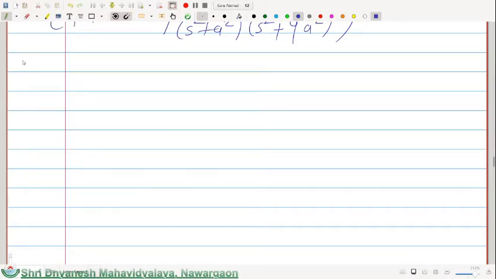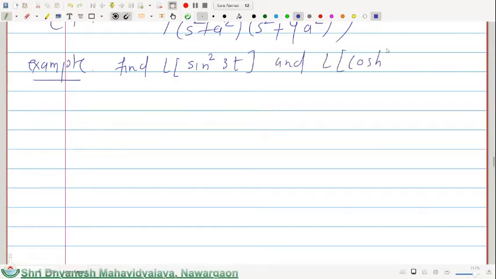The next example: find the Laplace transform of sine square 3t and the Laplace transform of cos hyperbolic, sorry, cos hyperbolic power 4t.